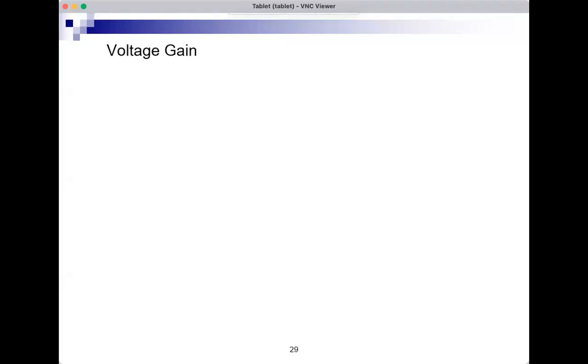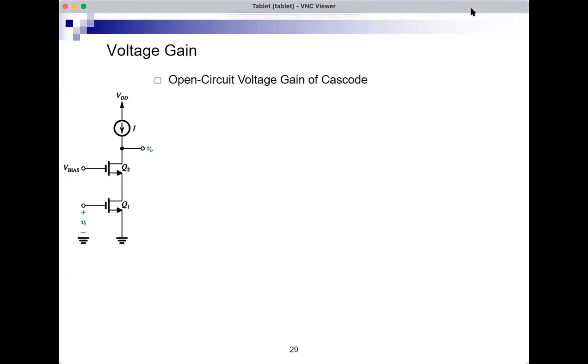Okay, voltage gain for the cascode. AVO, open circuit voltage gain. Let's call this voltage the intermediate voltage, or the intermediate output voltage, between the drain of Q1 and the source of Q2.